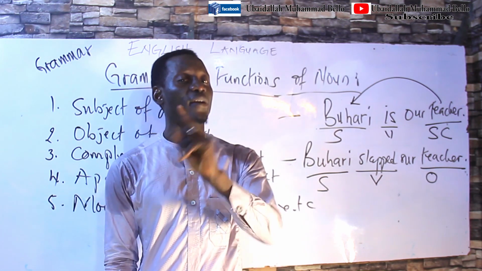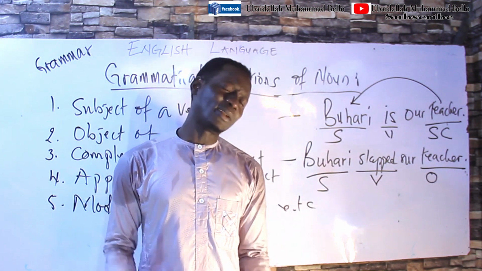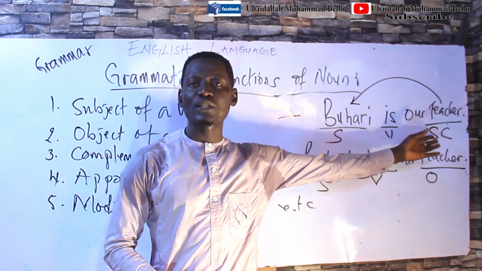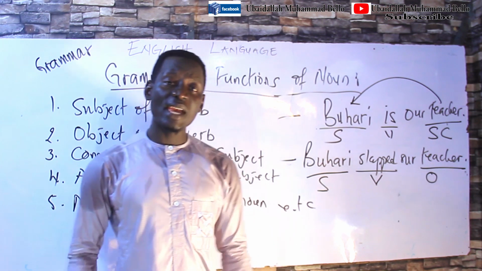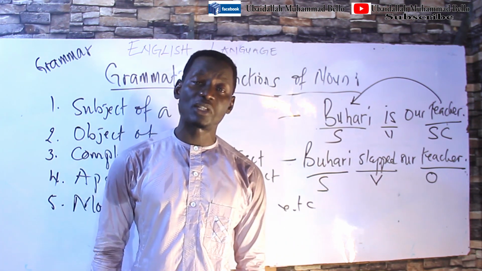So you have to be very careful. If you have two sentences like this, you don't need to jump into conclusion because we've already given you the first one as subject complement. By seeing the second one, you don't conclude that it is the same thing as subject complement.